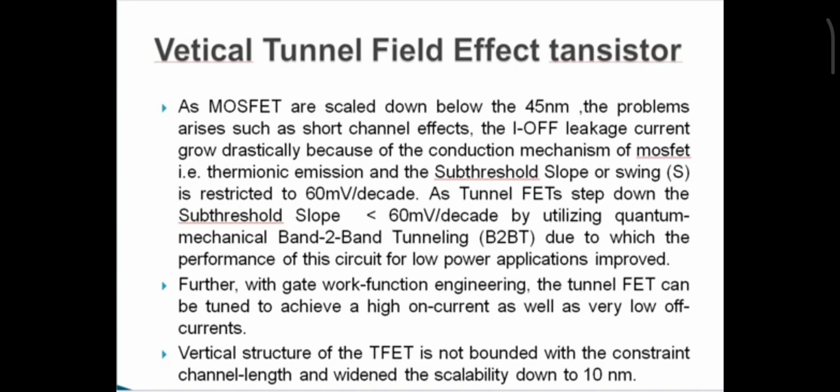The tunnel field effect transistor steps down the subthreshold slope to less than 60 millivolt per decade by utilizing the quantum mechanical band-to-band tunneling mechanism, due to which the performance of circuits for low power application improves.